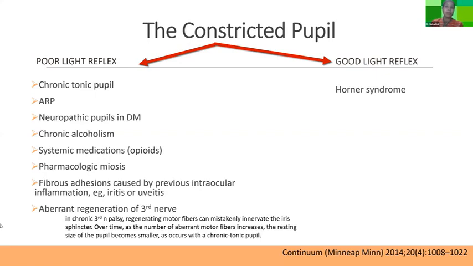Some say chronic alcoholism, systemic medications, especially opioids, pharmacological miosis, fibrous local adhesions caused by previous intraocular surgeries or inflammations, and aberrant regeneration of the third cranial nerve, where in the chronic third cranial nerve palsies, the regenerating motor fibers, instead of going to their original target, innervate the iris sphincter and lead to the constricted chronic tonic pupil.